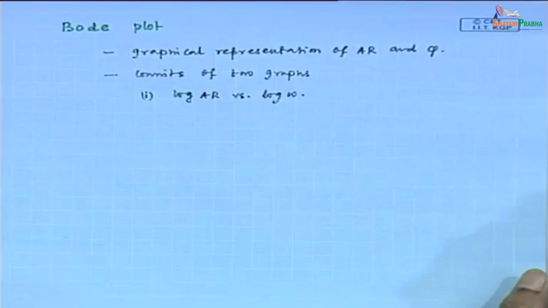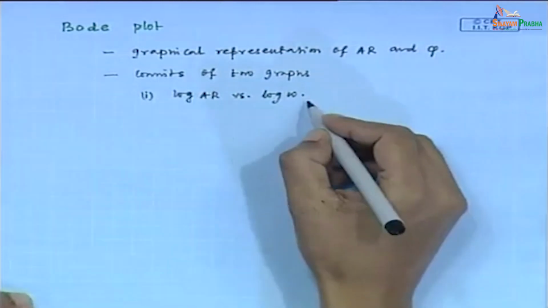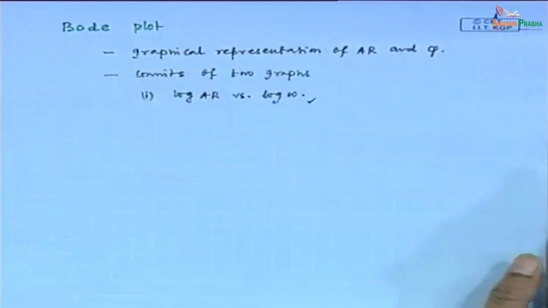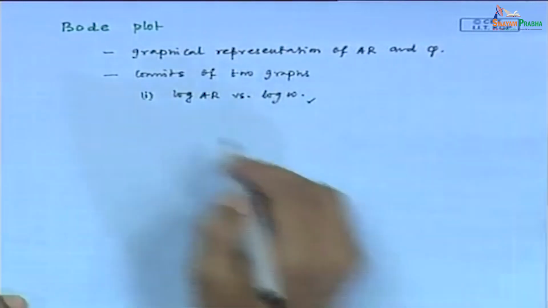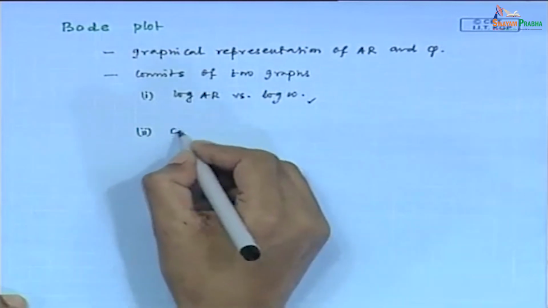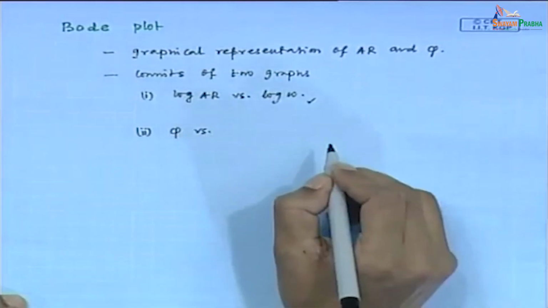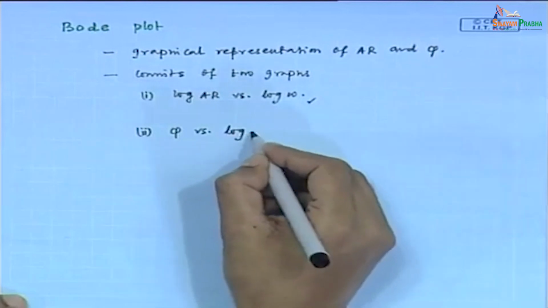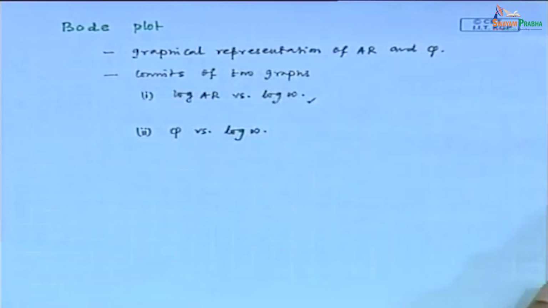The Bode plot consists of two graphs. In the first graph, the amplitude ratio in logarithmic form is plotted with log omega, and in the second plot, phi is plotted with log omega.